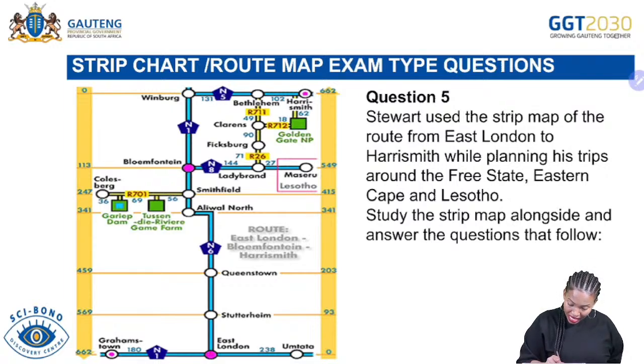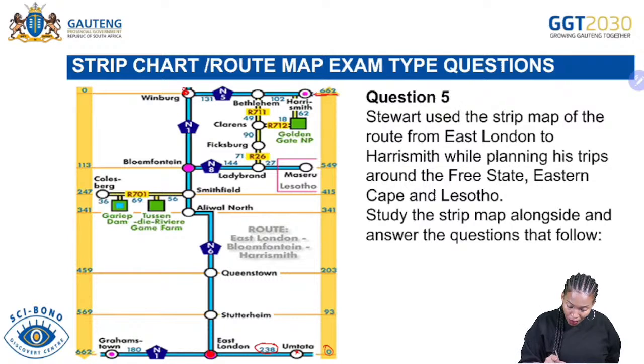It is from East London. That is the starting point. Where is the finishing point? It's there, Wynberg. So if you are traveling from East London, it is 0 to Wynberg. Wynberg is 662 kilometers. If you are traveling from Umtata to East London, the distance would be 238 kilometers.